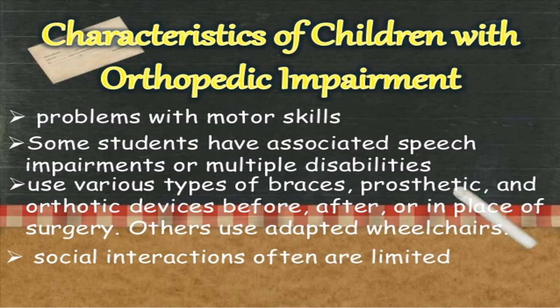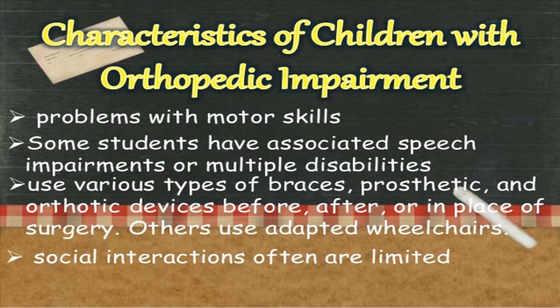Some other characteristics of children with orthopedic impairments are problems with motor skills. Some students have associated speech impairments or multiple disabilities. They use various types of braces, prosthetic and orthotic devices before, after or in place of surgery. Others use adapted wheelchairs.